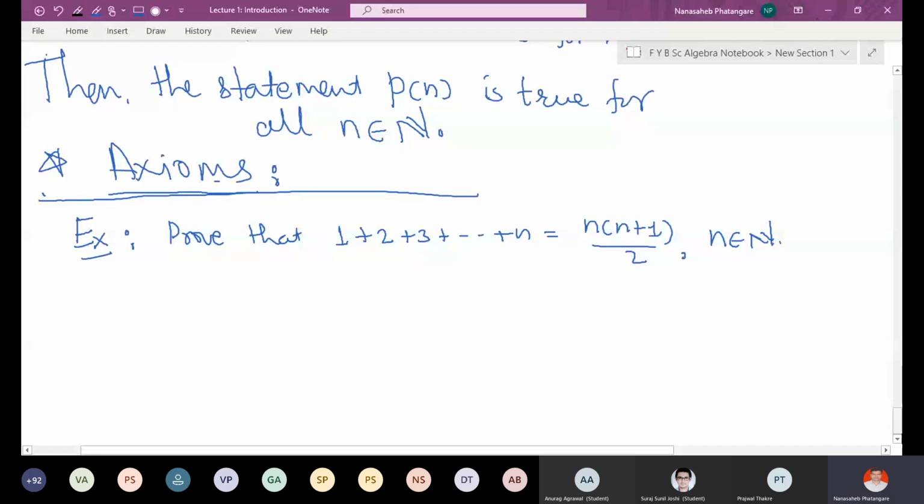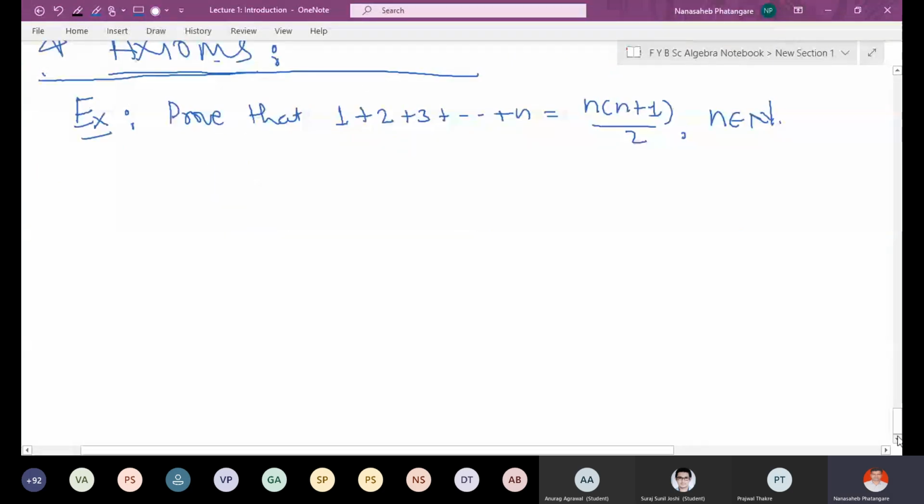And then follow the steps for induction. So what is the first step? Prove for n is equal to 1. Try to prove for n is equal to 1.